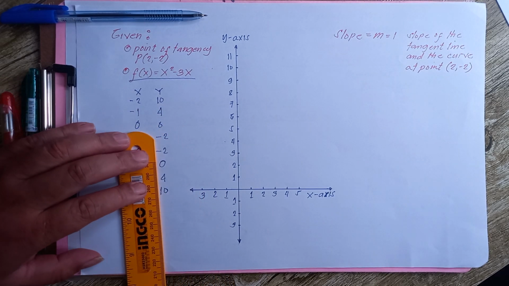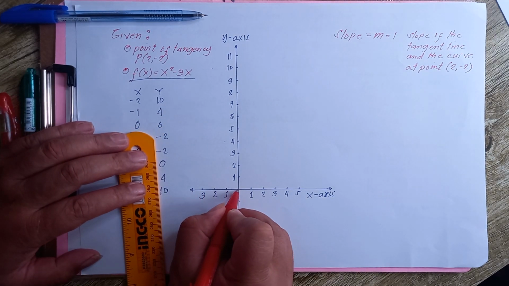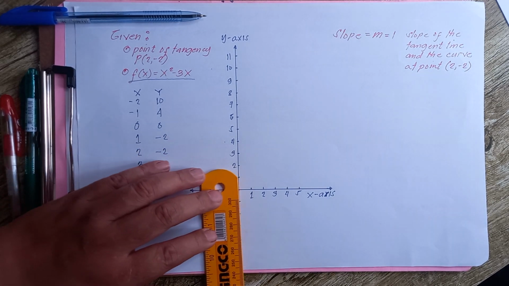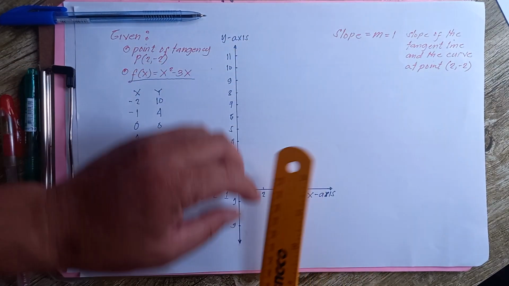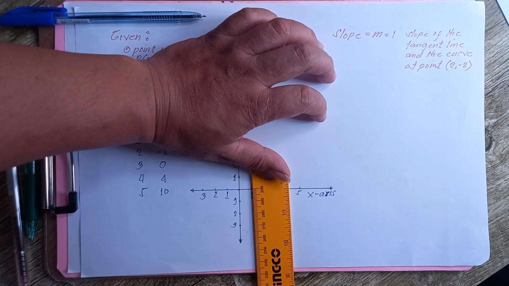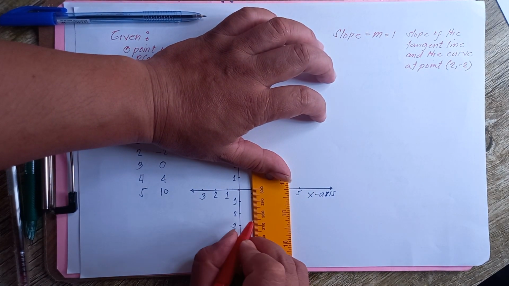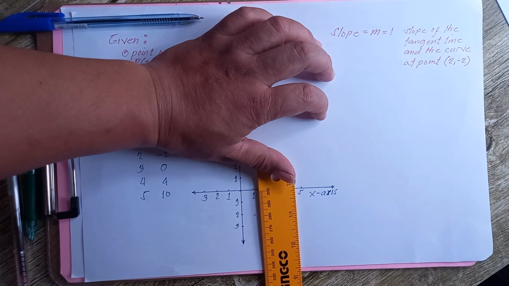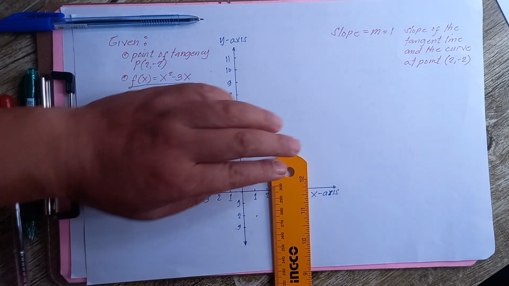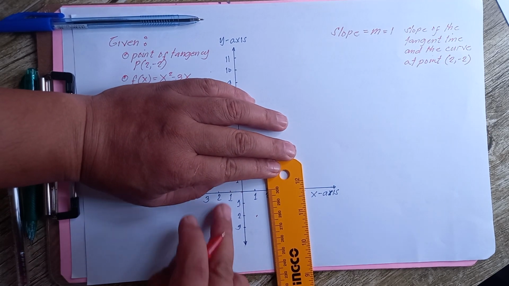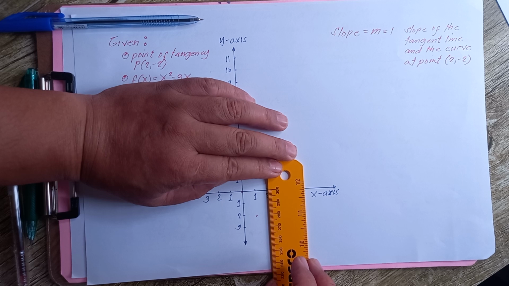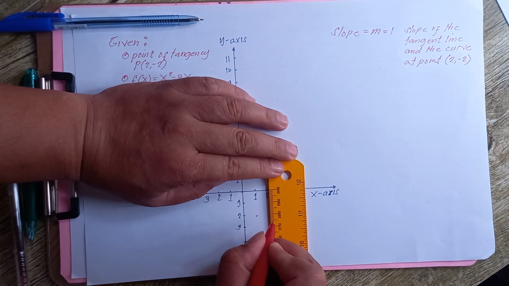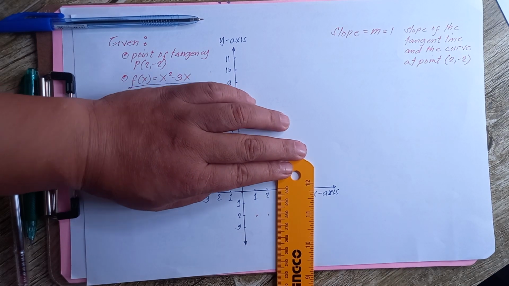If I have 0, then the point is located in here, and if I have +1, then that must be -2. If I have +2, then still the y in here is -2, so we have it in here.